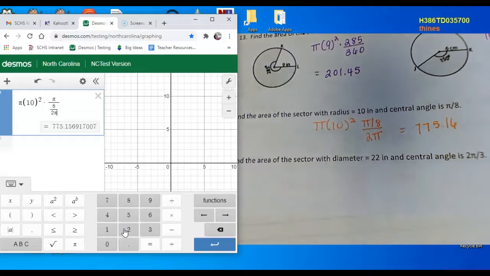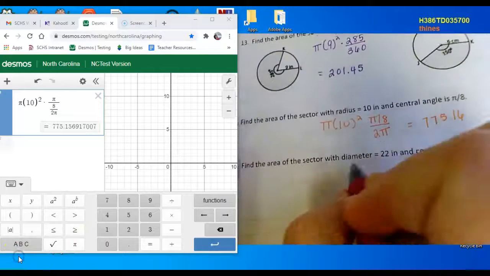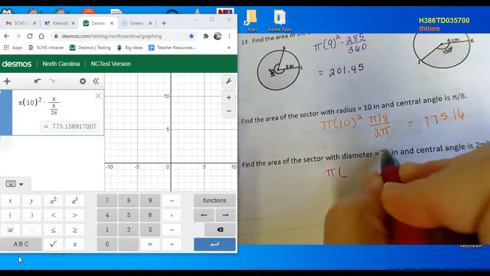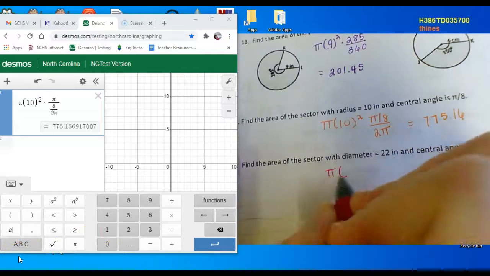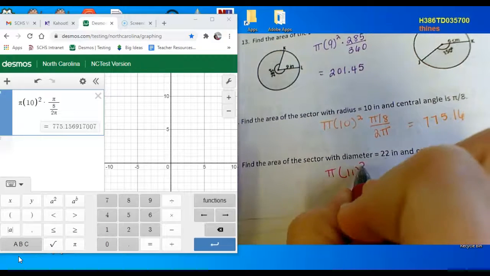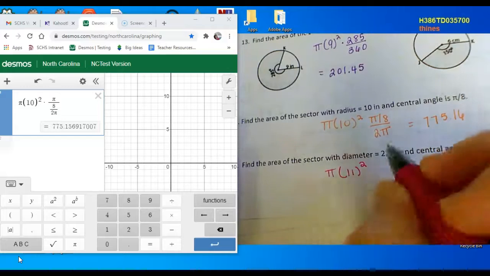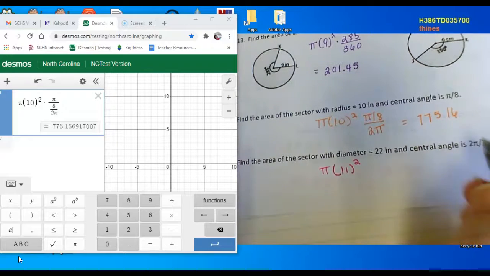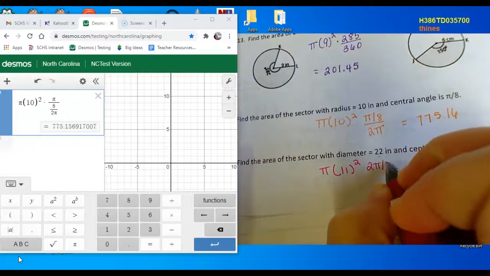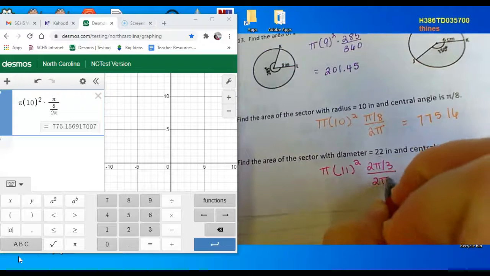Okay, try that last one very quickly. Alright, so it would be pi r squared. Diameter is 22, so we divide by 2 to get 11. And then we multiply by our angle, which is 2 pi over 3, divided by 2 pi.